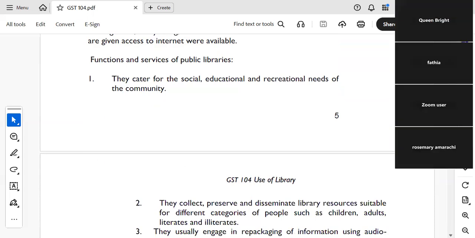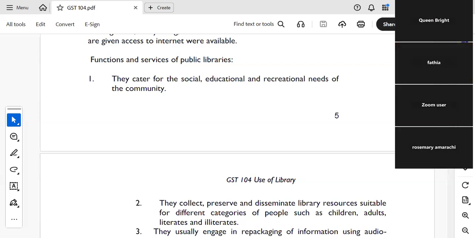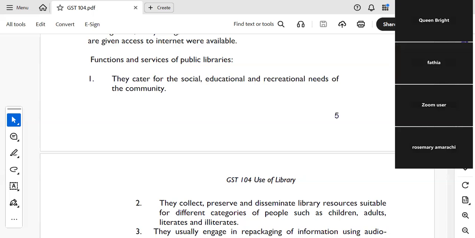Let's look for a man here. Somebody should take it. Who's that? Okay, who's here? Are you available? The person is not here.